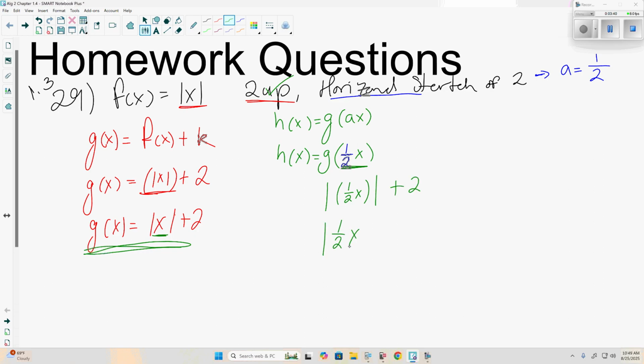And lastly, we can drop those absolute value bars, telling us that our final function is the absolute value of 1/2 x plus 2. So that is if we did 2 up and a horizontal stretch of 2.